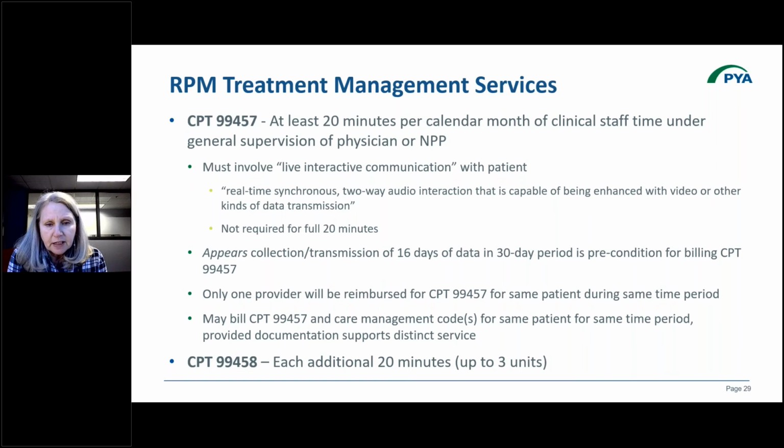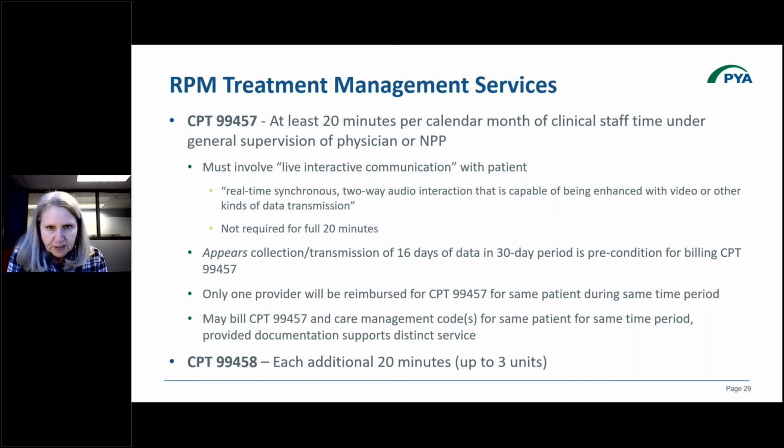CMS does require that in the 20 minutes, there must be a live interactive communication with the patient, which they define as real-time synchronous two-way audio interaction that is capable of being enhanced by video or other types of transmission. The treatment management services also appear to carry the 16-day of data requirement.